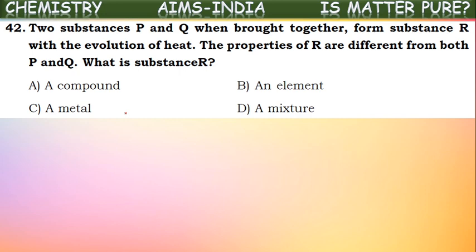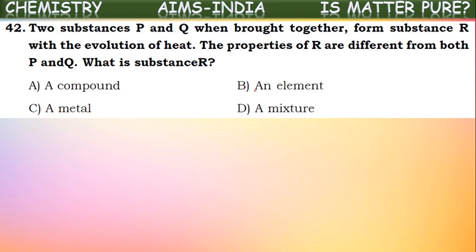Say P and Q are two substances. They are brought together. Then a substance R is formed from those two by evolving certain heat. And the properties of R are completely different from both P and Q. So what is this R they're asking? Generally, this complete process represents a chemical reaction and the formation of a new product.